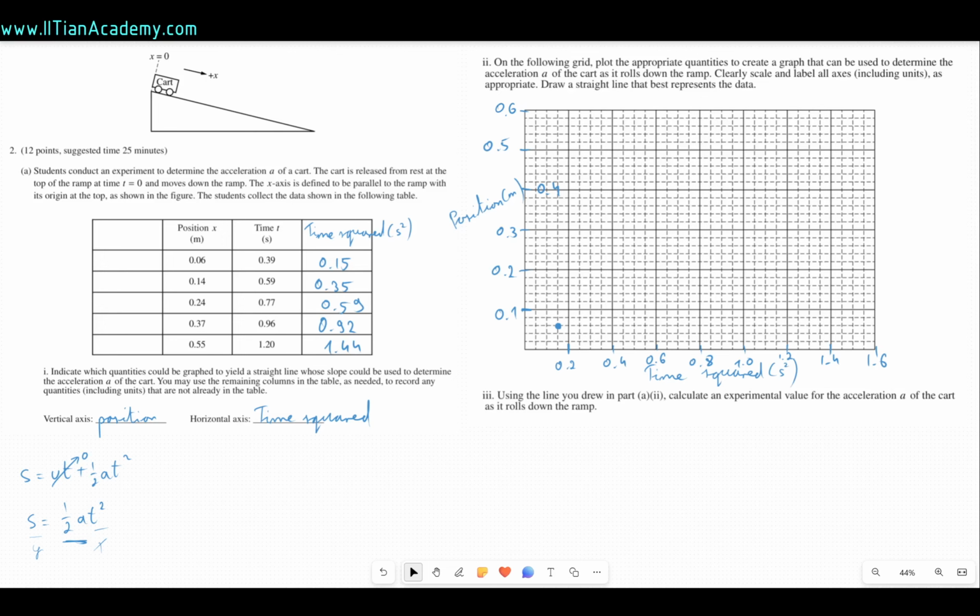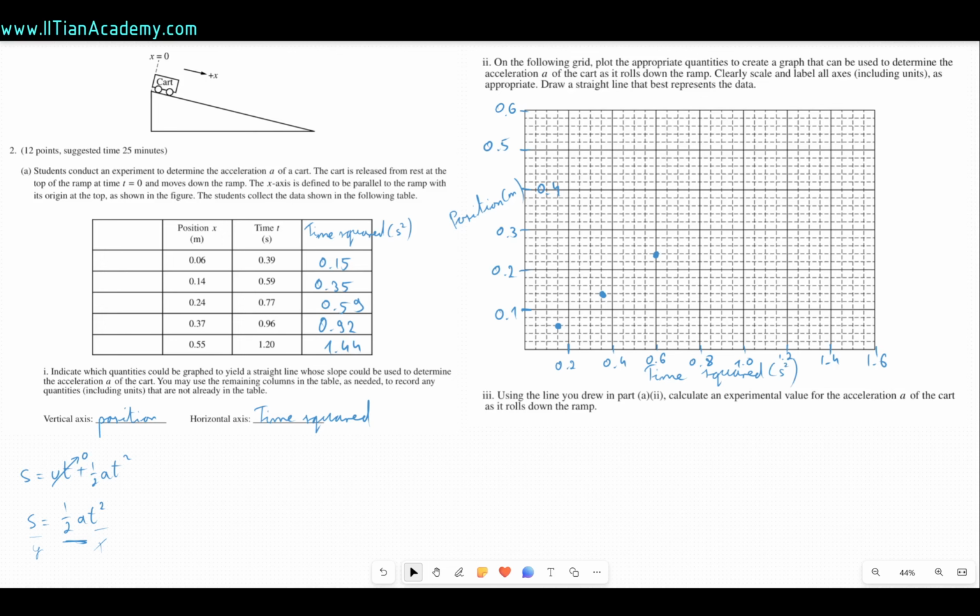And then our next point is 0.35 and 0.14. So that will be approximately here. And then our next point is 0.59 and 0.24. So that will be approximately over here.